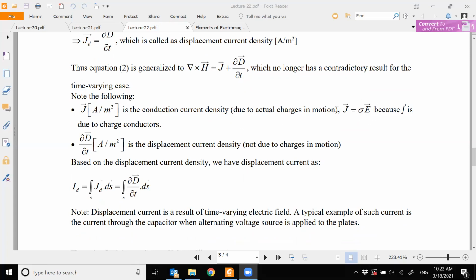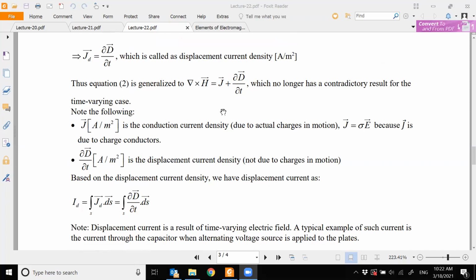And J is sigma E bar. And dou D bar over dou T is called the displacement current density. And this is not due to charges in motion. This is purely because of the time derivative of the electric flux density.